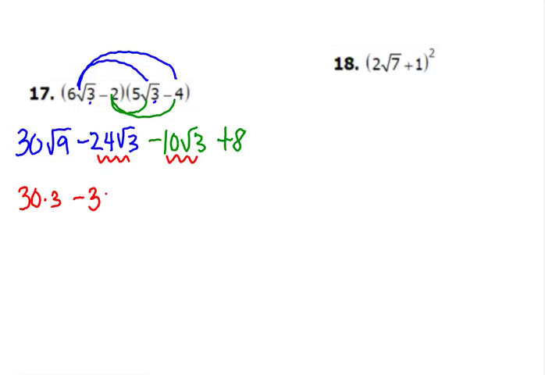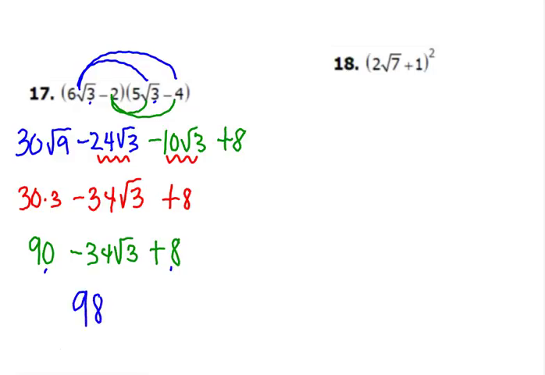Well, it's negative 34 square roots of 3 plus 8. 30 times 3 is 90 minus 34 square root 3 plus 8. And then finally, I can add 90 plus 8 and get 98 minus 34 square roots of 3.